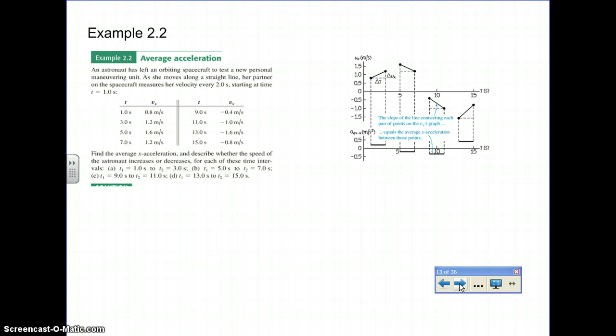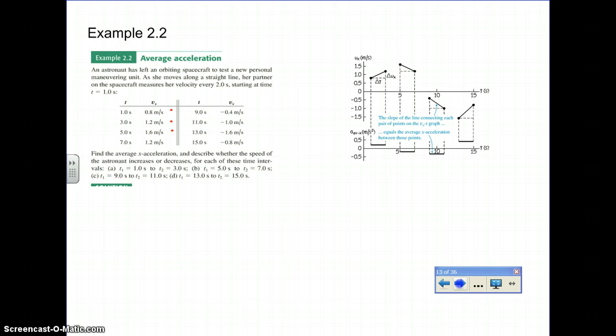We have a data table here, and what we can see is that her velocity as she moves along is changing in a kind of erratic way. Her velocity starts at 0.8 meters per second at the instantaneous time t equals 1. Then it increases to 1.2 meters per second, and then to 1.6 meters per second.